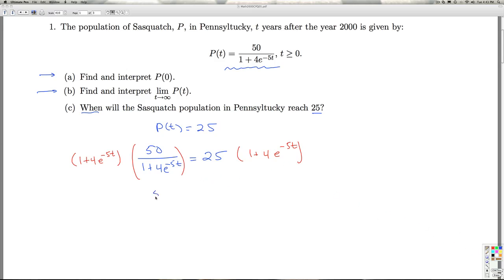On the left-hand side, things simplify to 50. That quantity cancels out. On the right-hand side, I could multiply through the 25 at this point, but I noticed that 50 is a multiple of 25, so I'm just going to keep that factored out for now, and then get rid of it by dividing both sides by 25.